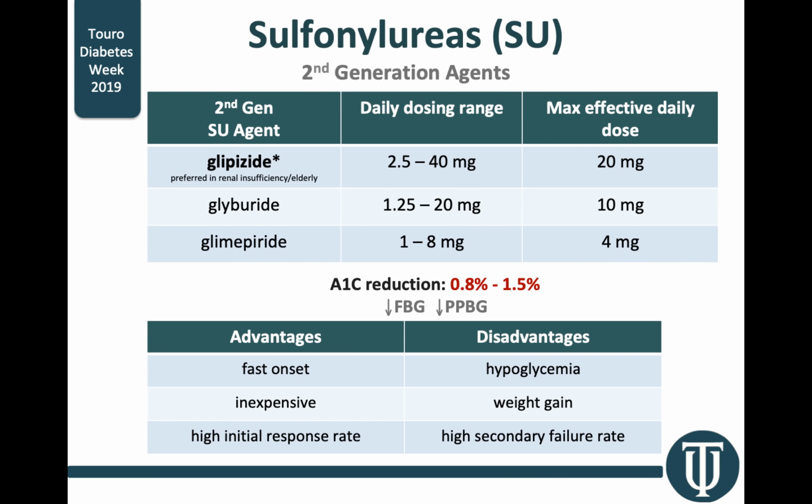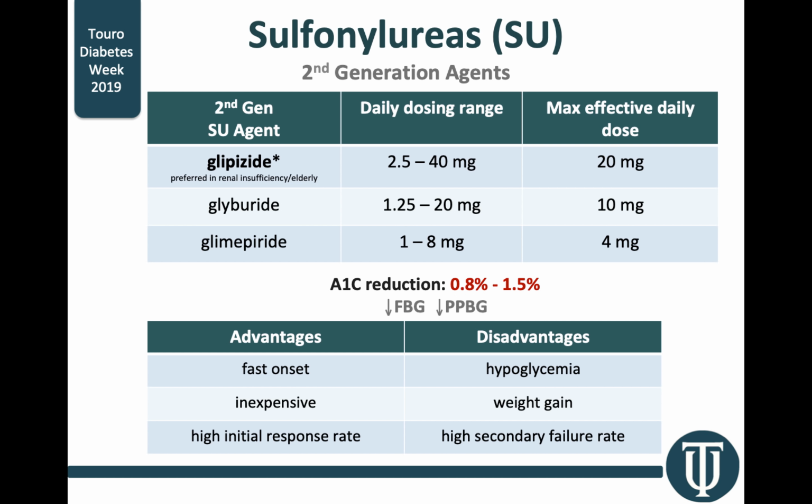Okay, so in terms of dosing, in a nutshell, what you see here is the daily dosing: for glipizide the max dose would be 40, glyburide the max dose would be 20, and glimepiride the max would be 8.